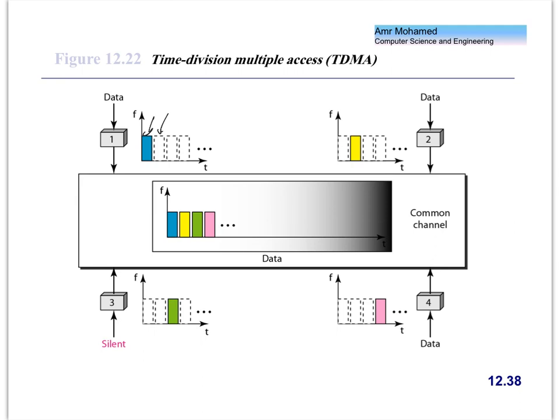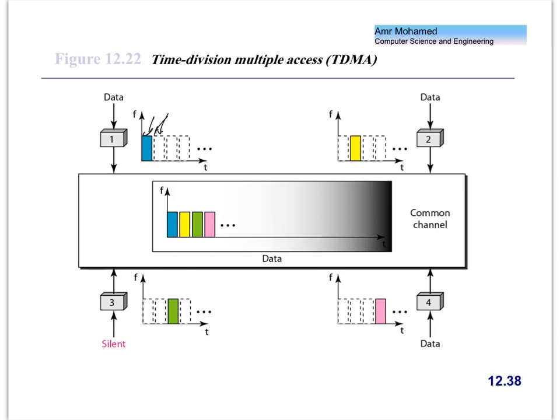So the question: do we need guard bands here? No. Yes. Why? Not just in the synchronization. Remember, guard bands here account for the propagation delay, because these nodes are located in different locations.